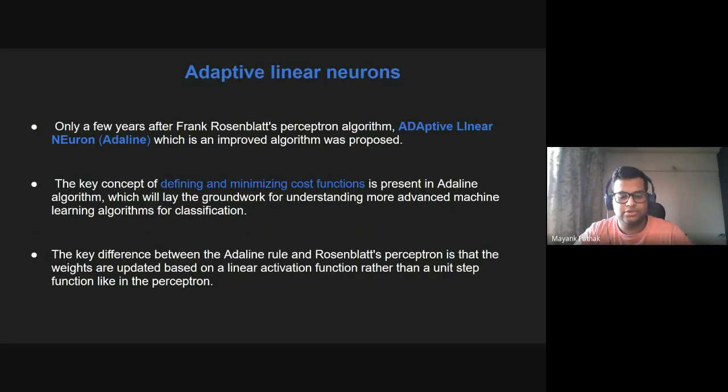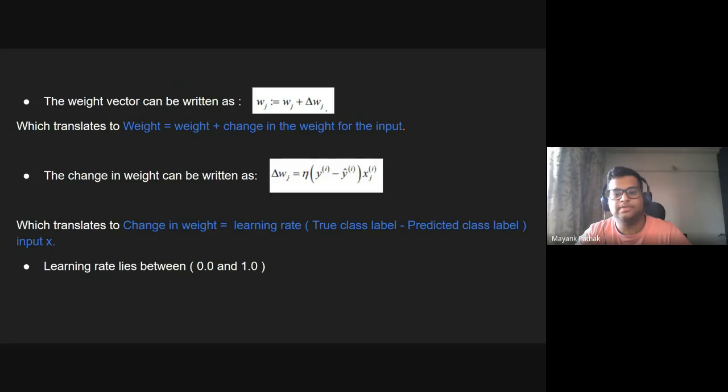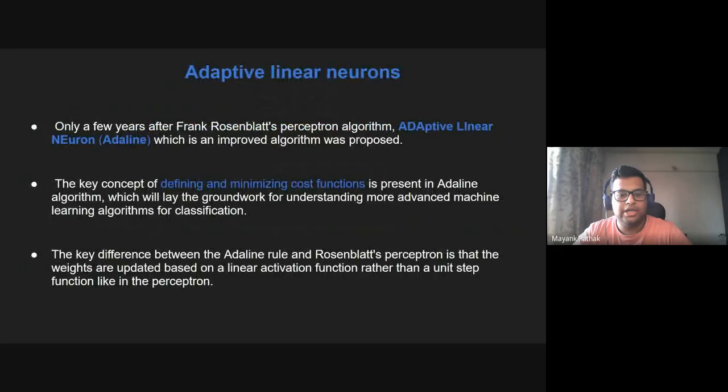Okay, so this was just a simple computation and working of the perceptron. Later on, an improved perceptron was derived.